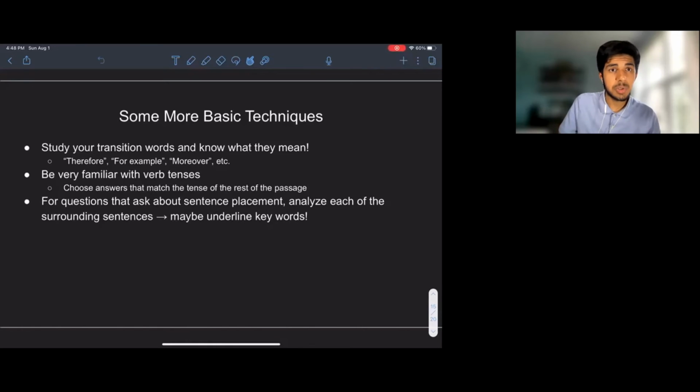I'm sure if you do a Google search you can read all about different transition words, but it's very important to be familiar with these.